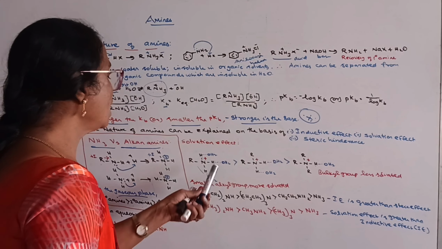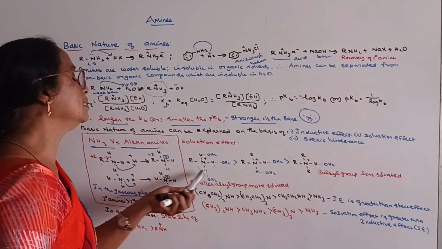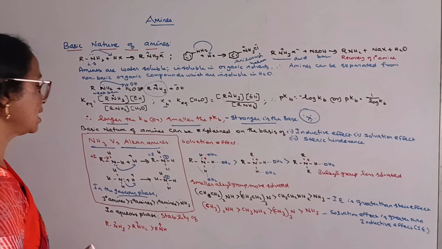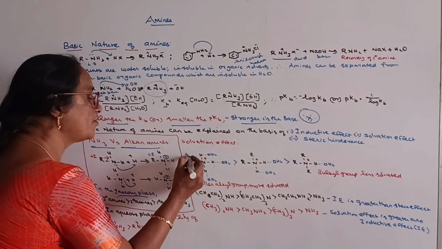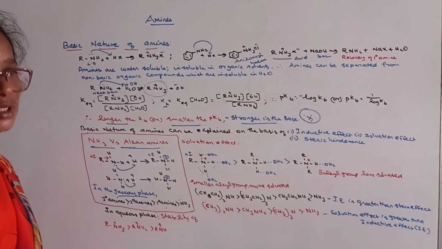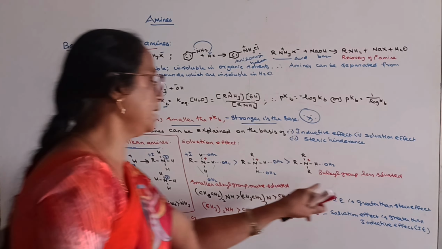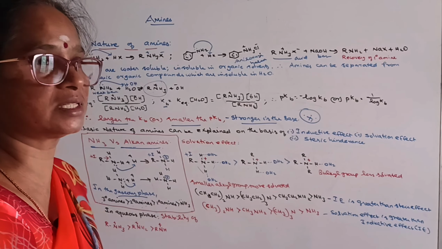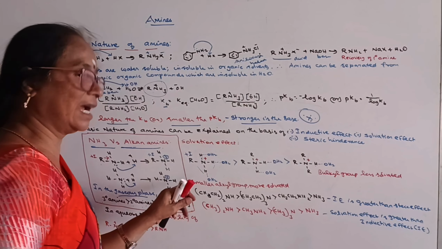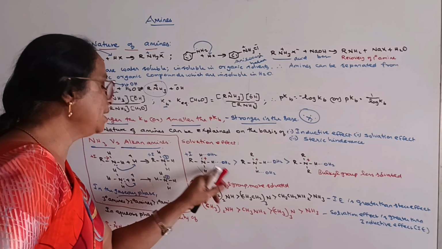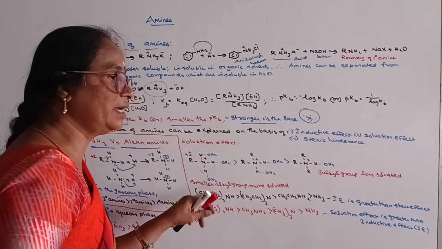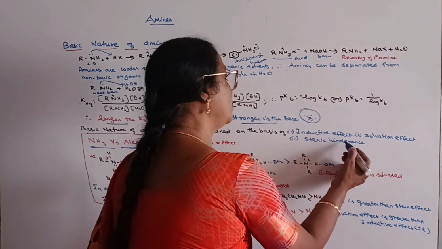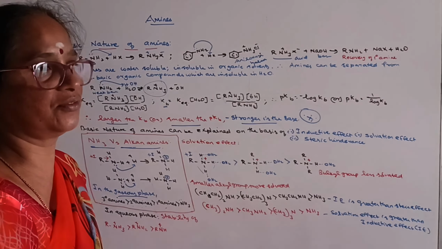But the solvation effect alone does not determine the basic nature; besides that, we have to consider the plus I effect of the alkyl group. Moreover, a bulky group provides a steric effect. So in the aqueous phase, the basic nature of amines is further explained on the basis of the inductive effect as well as the steric effect.